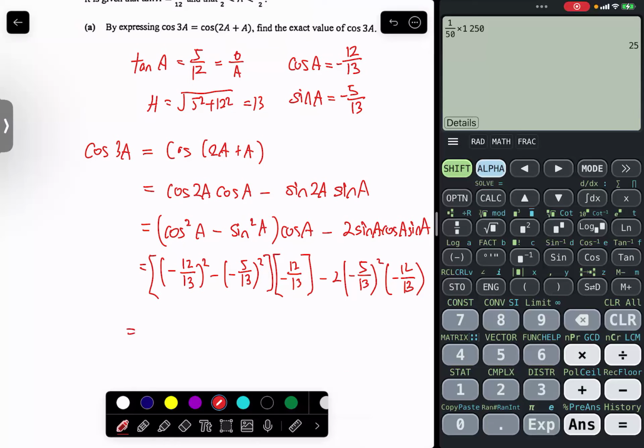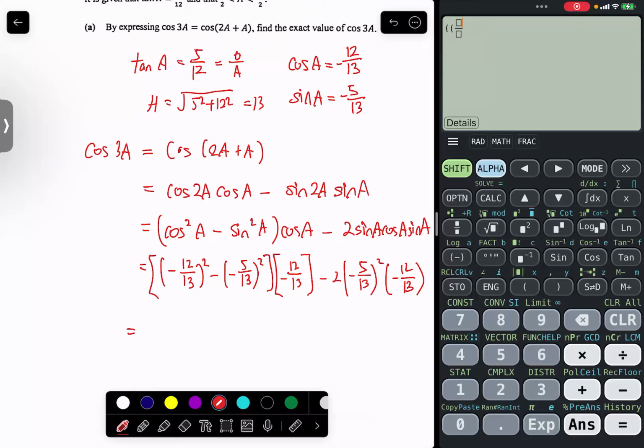Okay, so let's see, what do we have? Okay, lots to key in, right?